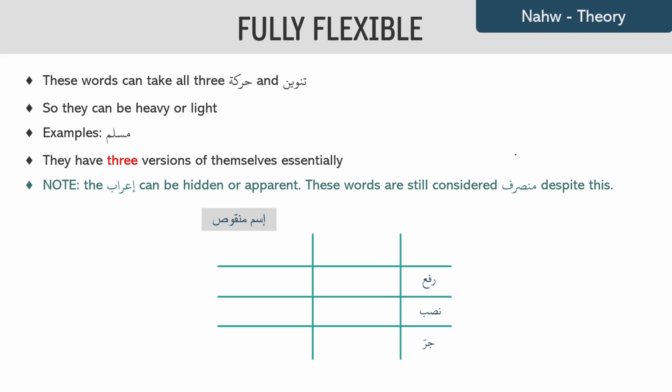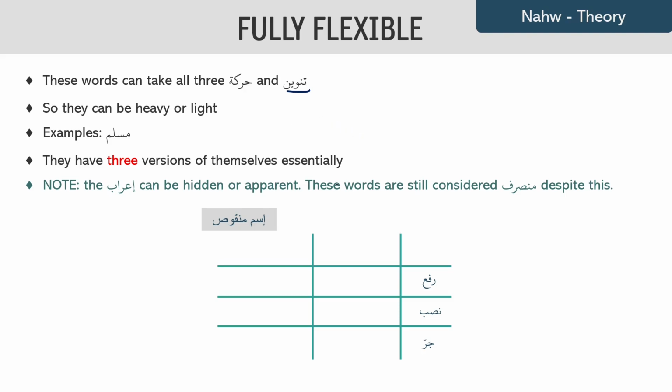Fully flexible words in Arabic, instead, are words that can take all three harakas and can take tanween as well, which means that they can be heavy or light. Most isms in Arabic are fully flexible. For example, muslimun, which you can write as muslimun, musliman, muslimin. So it can take all kinds of harakas and it can take tanween as well. So they essentially have three versions of themselves.